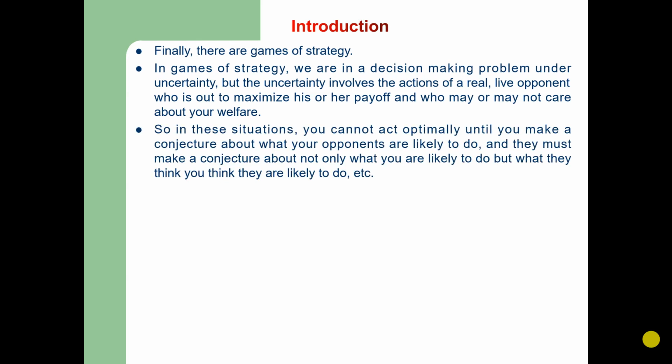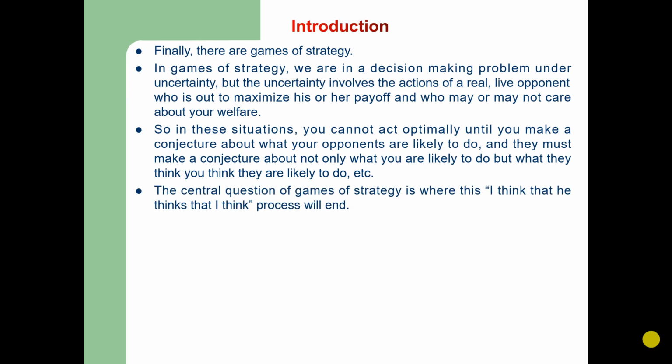So, in these situations, we cannot act optimally until we make a conjecture about what our opponents are likely to do, and they must make a conjecture about not only what we are likely to do, but what we think they are likely to do, etc. So the central question of games of strategy is, I think that he thinks that I think.